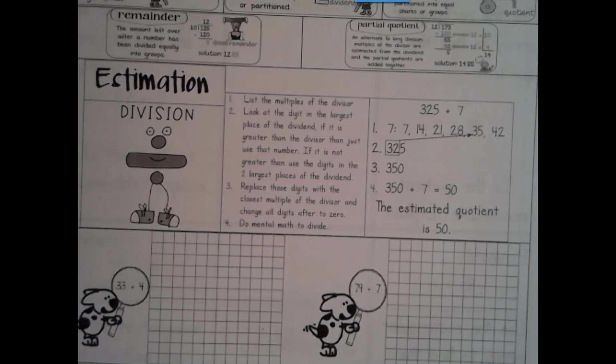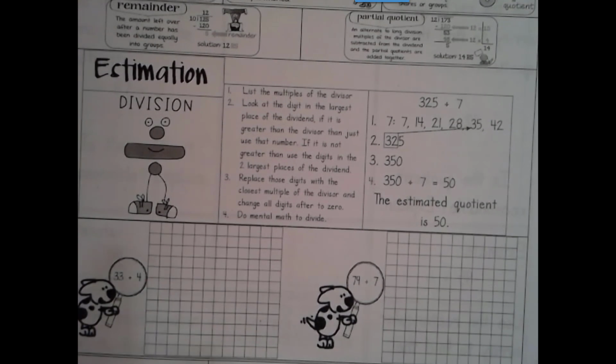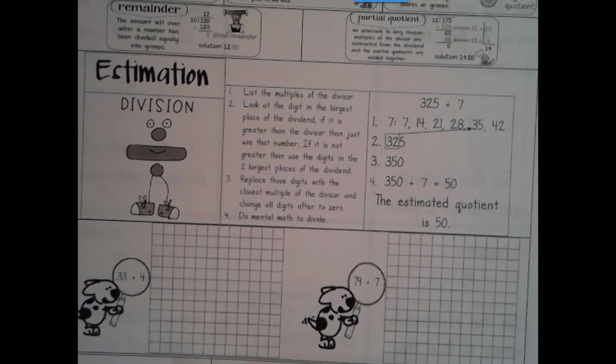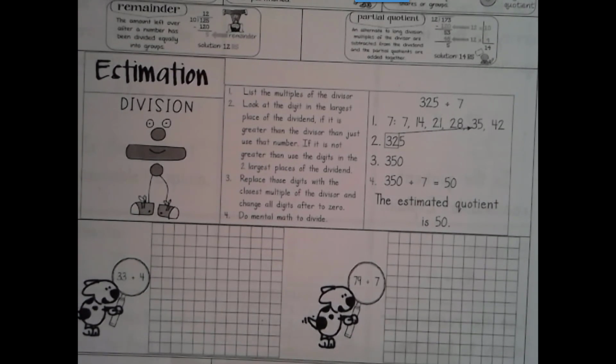So first we're going to look at estimation for division. This is different than all other operations because in addition, subtraction, and multiplication, we round the numbers. In division, that won't work. We actually have to find a compatible number. That's the only way. Rounding will not make it any easier. In some cases, it'll be just as hard, if not harder.